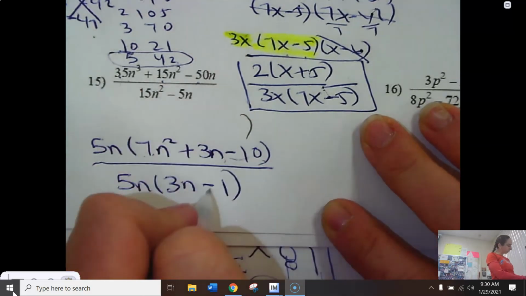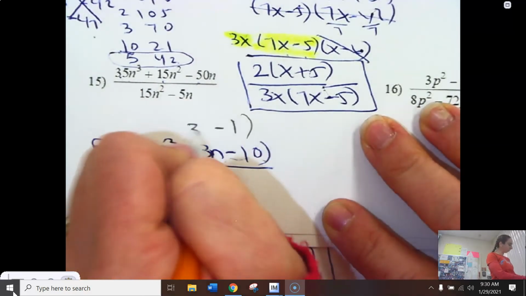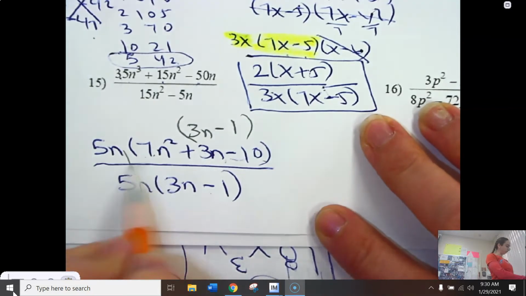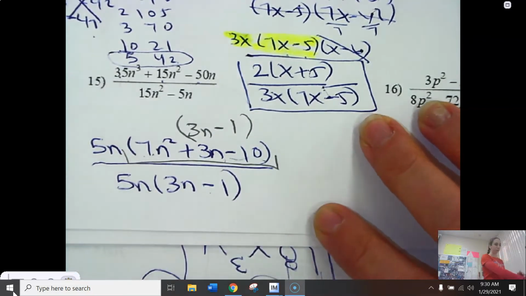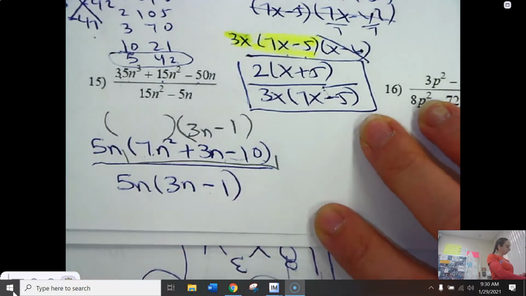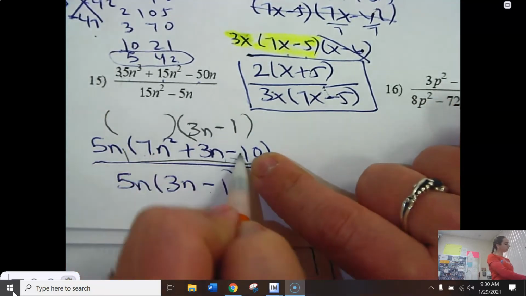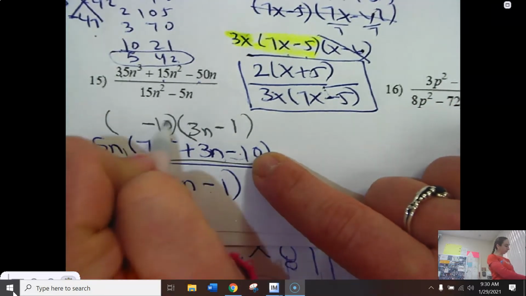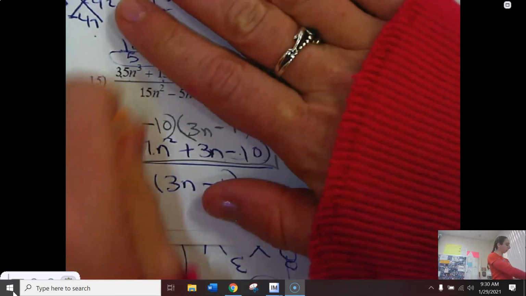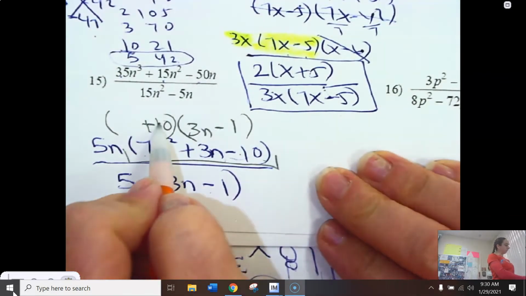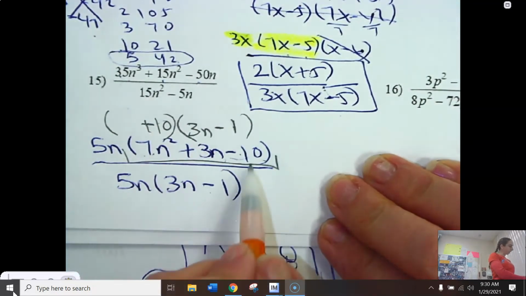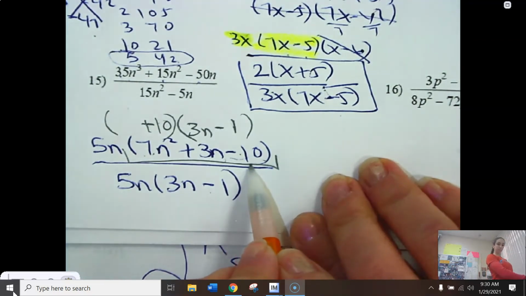So my guess, because that's a 3n minus 1, is that one of them is 3n minus 1. If one of them is 3n minus 1, then this would have to be positive 10, because 10 times negative 1 is negative 10.